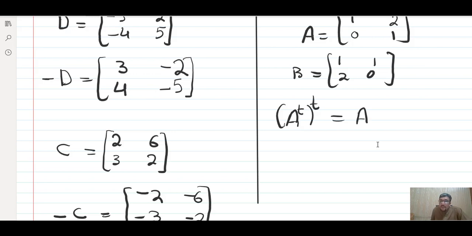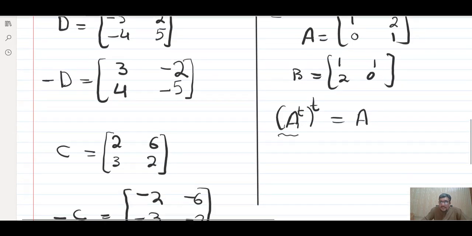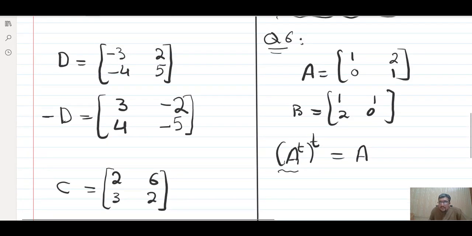Remember one thing: if we take the transpose of a matrix two times, it will become the original matrix as it is. Here you have matrix A, that is 1 2 0 1. If I take the first transpose, A transpose, it will become 1 2 0 1.